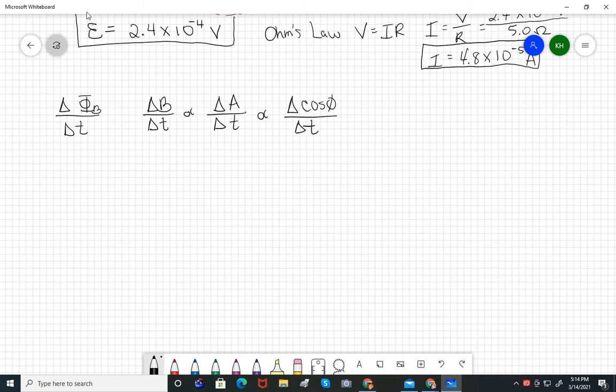Our next example, which is example 21.4, involves something called a slide wire generator. Now, a slide wire generator requires that we have a uniform magnetic field. So I'm going to draw a uniform magnetic field that pretty much just points into the plane of the page.